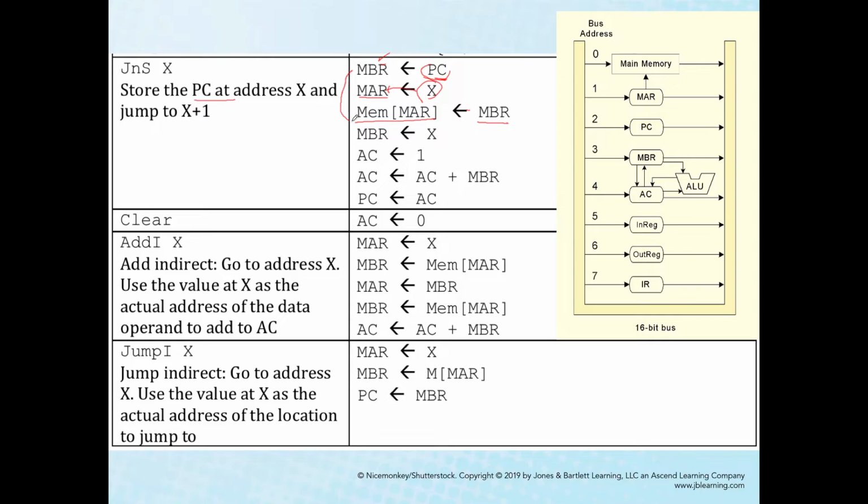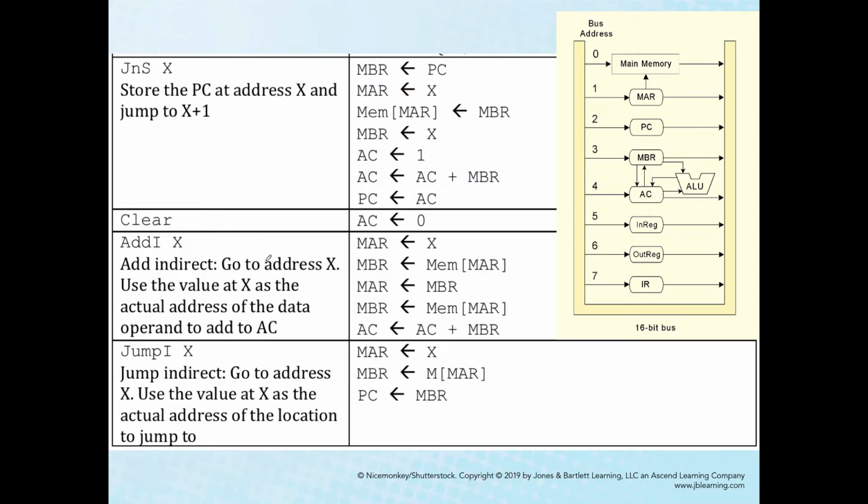And then X is in MBR, and AC is 1, then AC gets AC plus MBR. So X plus 1 is computed.